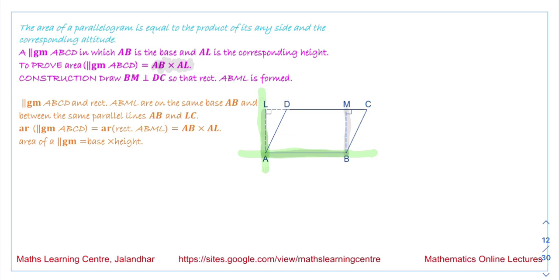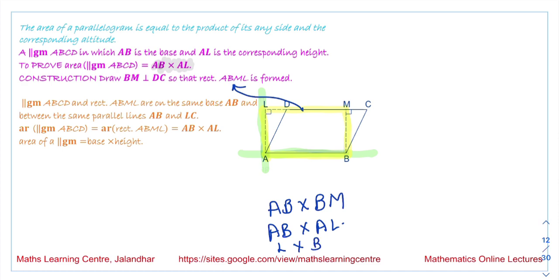This is the figure we are talking about. We know that the area of this rectangle is AB into BM, or AB into AL, that is length into breadth.